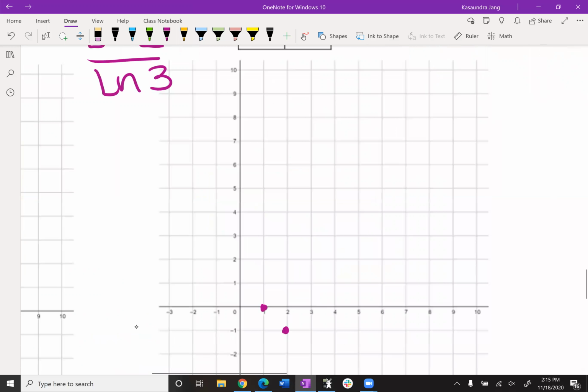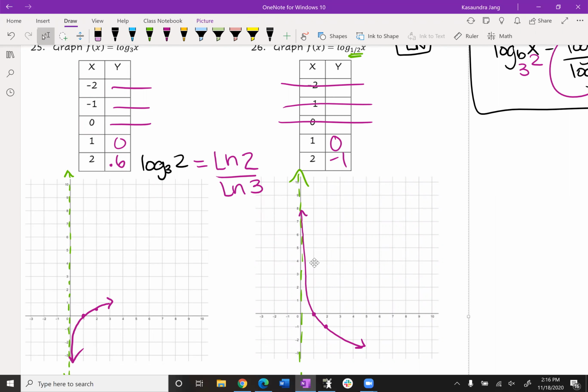I'm going to get really close to it, but not cross it. Okay, so super close. Curves away. Okay. So that's my log base 1/2 of x. It's a logarithmic function with a base between 0 and 1.